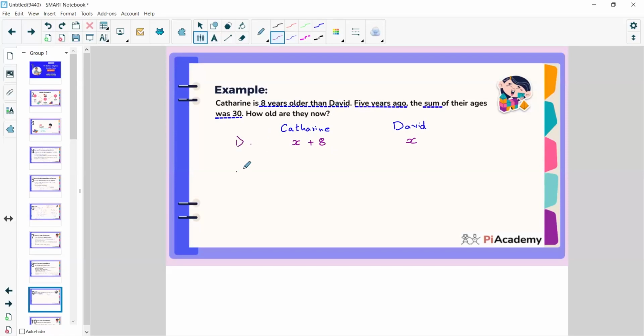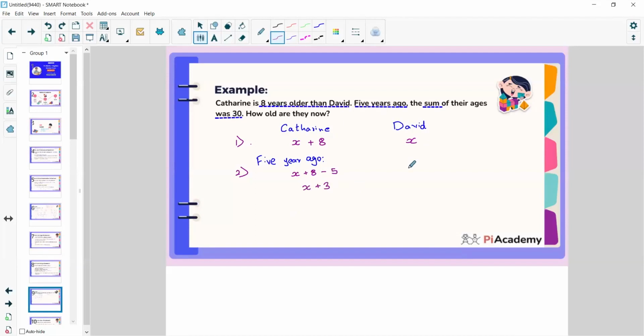Now what is the second step? To write up expressions. Now what is given? We are given information about 5 years ago. So 5 years ago, what would have been Catherine's age? It would be X plus 8 minus 5, isn't it? Yes. And how much is this? X plus 3.